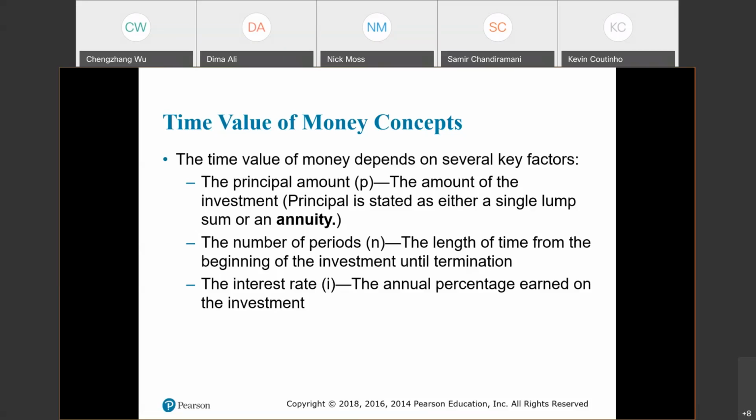If you withdraw your savings after 4 years rather than 5 years, you will earn less interest. And in this chapter, the number of periods is stated in years.